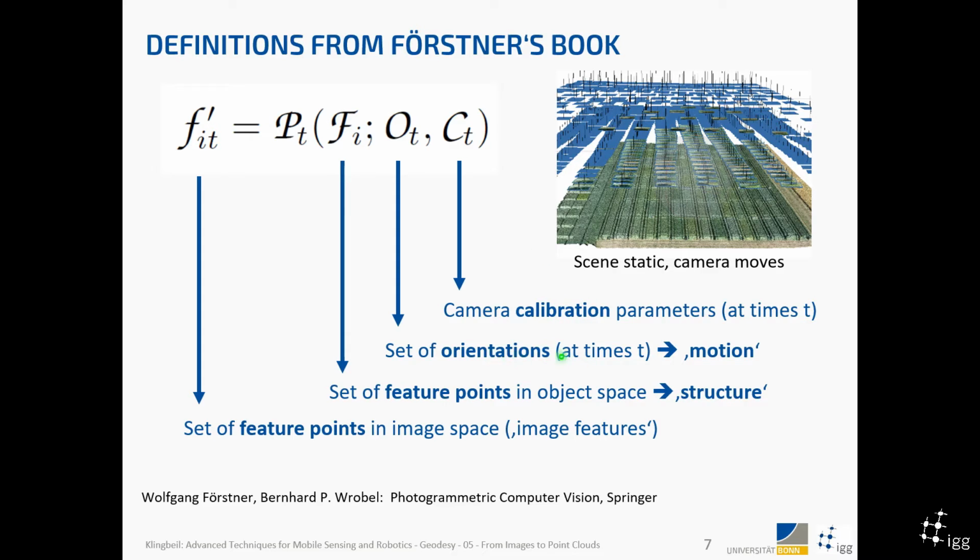It's a set because we have many of them at different times, and it's sometimes called motion. The set of features in the object space is called structure. This is where the naming structure from motion, or even motion from structure, comes from.